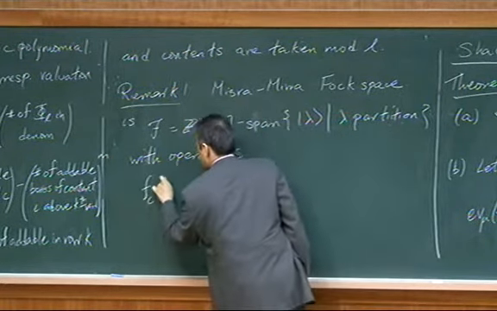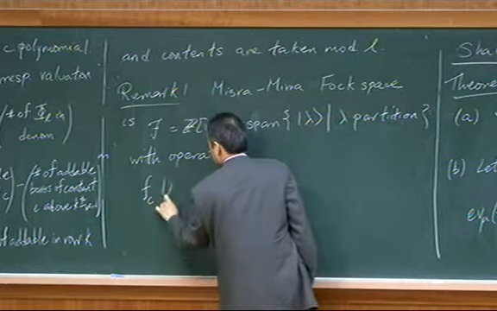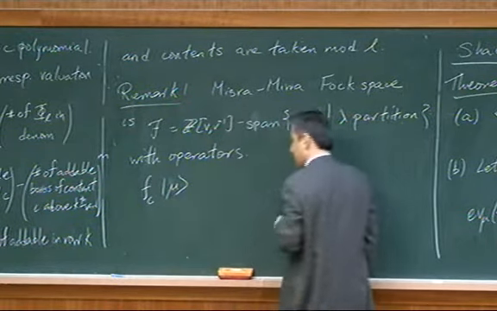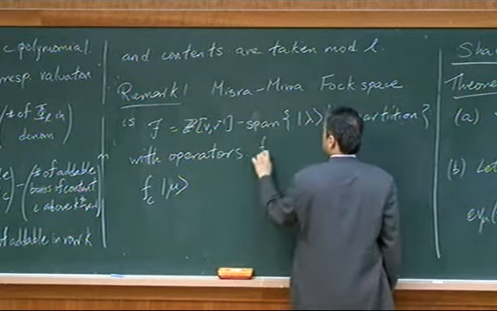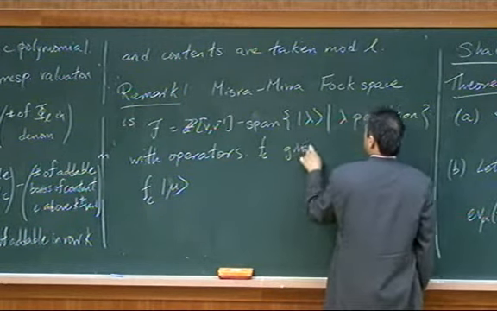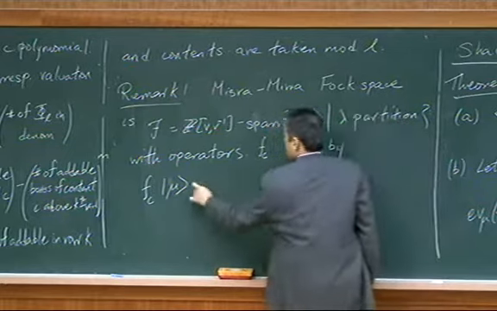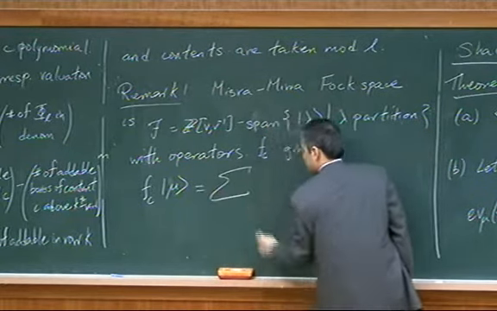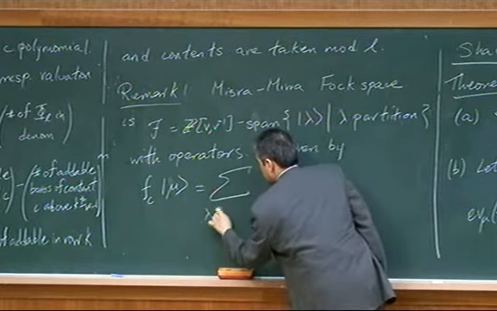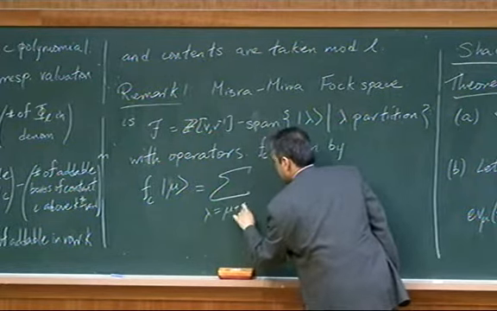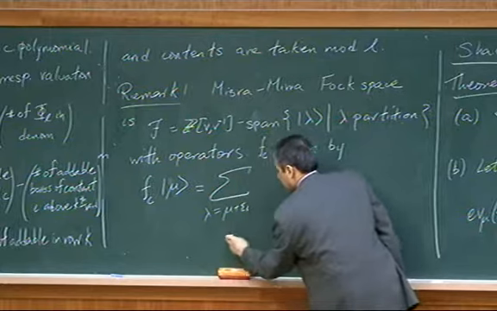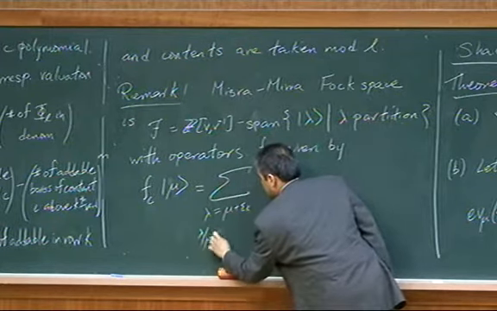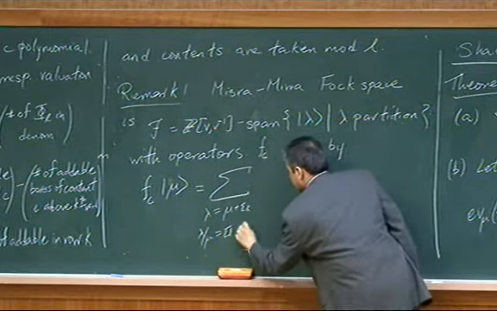And these operators, let's say we act on mu by the operator f_c. So f_c is given by the sum over all partitions lambda which are gotten by adding a box to mu, so that lambda slash mu is a box of content C.